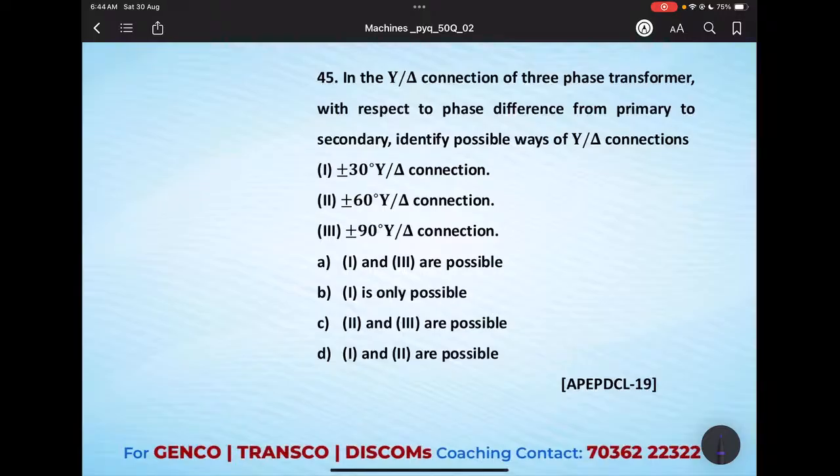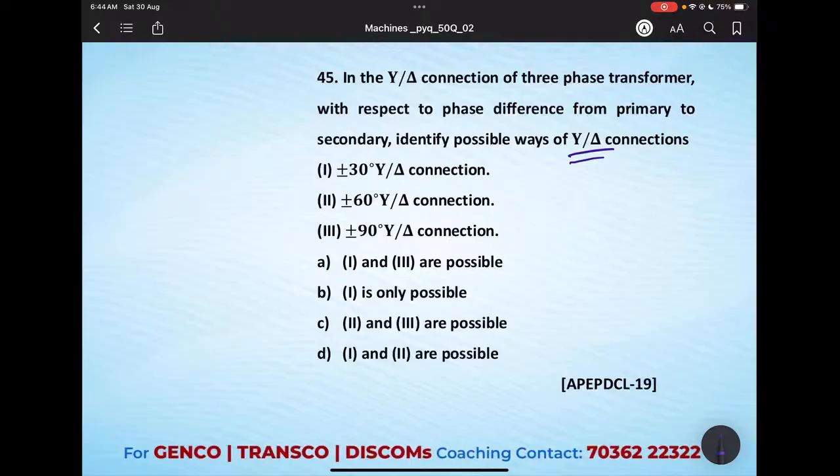The next question is about the star delta transformer, three-phase, with respect to the phase difference from primary to secondary. Identify possible ways of star delta connections. That means they are asking what the different possible connections are.